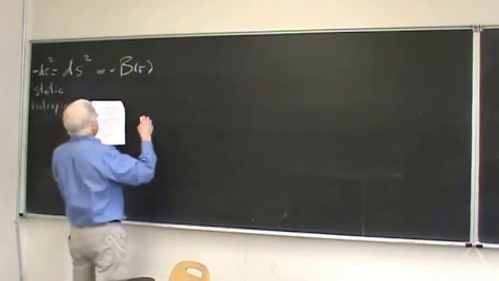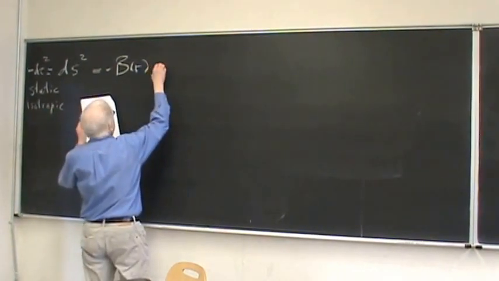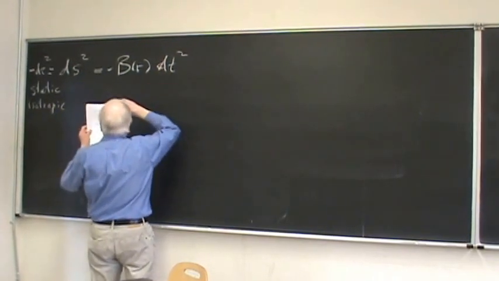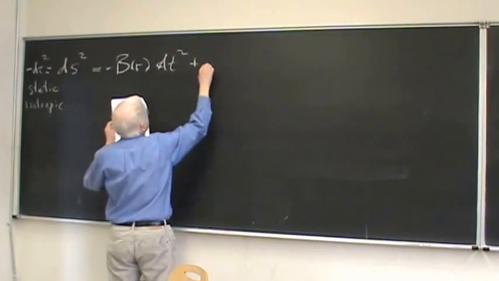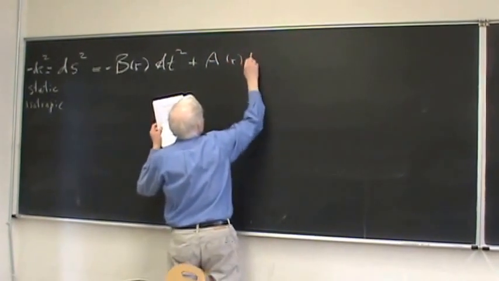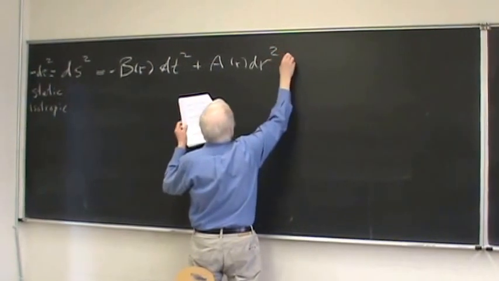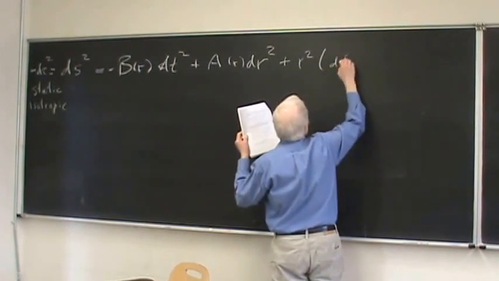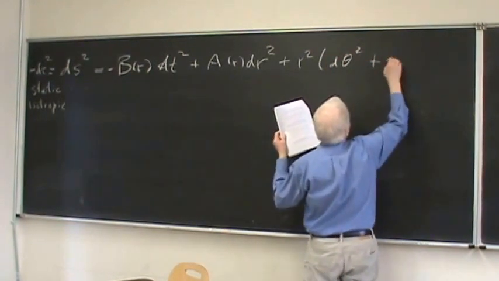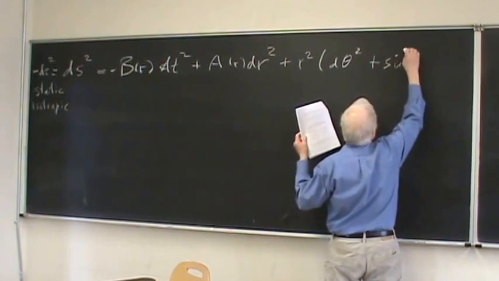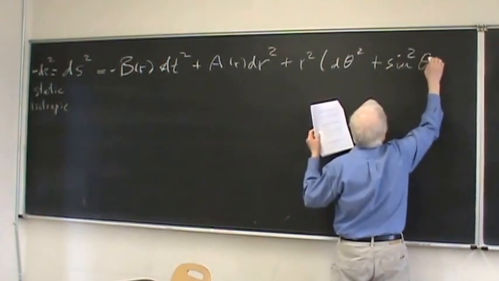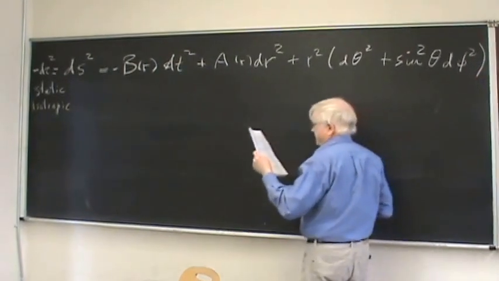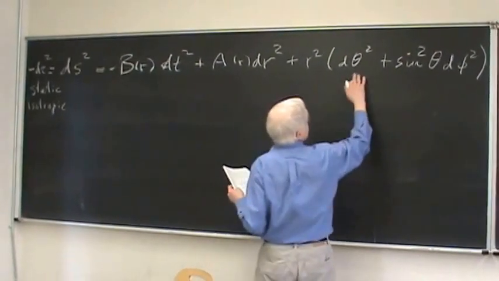Then we would have minus B of r dt squared, and then plus A of r dr squared, and then plus r squared times d omega squared, if you want, so d theta squared plus sine squared of theta d phi squared.